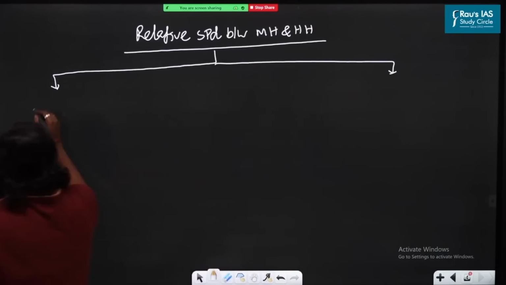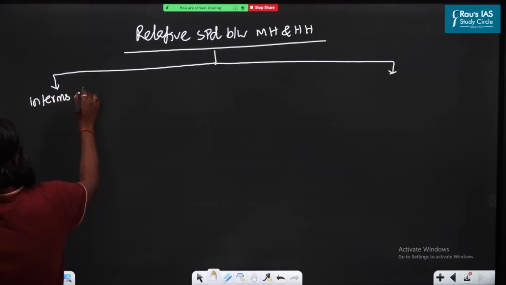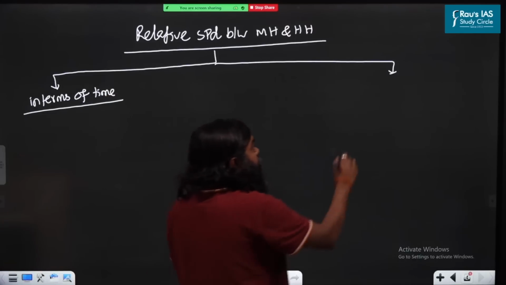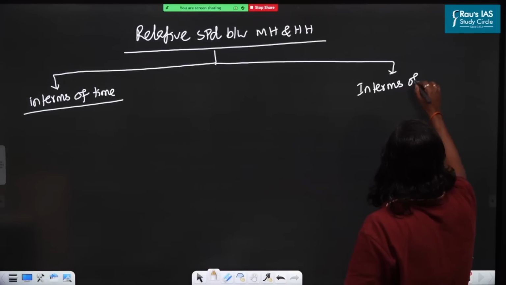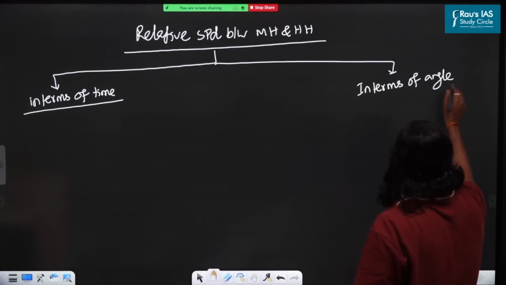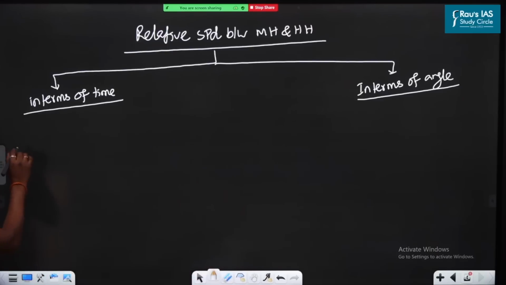Both the minute hand and the hour hand are planning to run for 1 hour. Now, the gap in terms of time, the gap in terms of angle. All ready? Please concentrate. Both are planning to run for 1 hour.